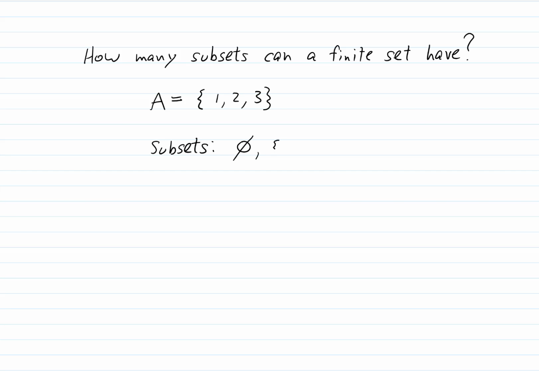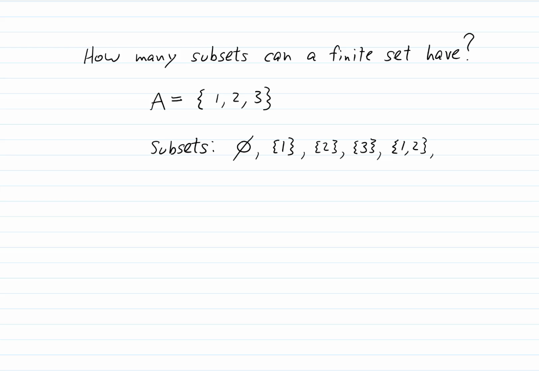The set containing 1, that's a subset of A because 1 is in that set. That's the only element there. And 1 is also in A. Okay, what else can we say? We can say the set containing 2. We can say the set containing 3. So there's 4 subsets right there. What else can I say? How about the set containing 1 and 2?